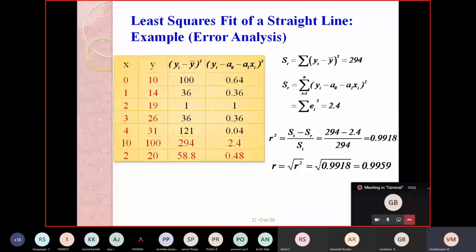And I have already given the information related to r. r is nothing but the Karl Pearson coefficient of correlation or product moment correlation coefficient, and r square is the coefficient of determination. R is the correlation coefficient and r square is the coefficient of determination.